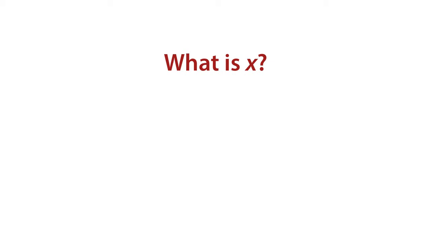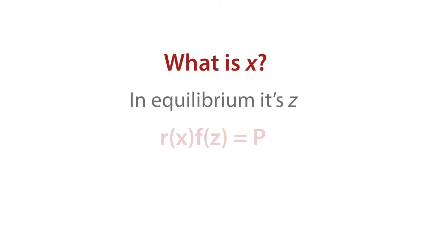Well, it's got to be the case that in equilibrium, the people who are actually buying the product add up to fraction Z. Let's think about the last person buying the product, the person who's just barely willing to buy the product. That would be a person whose reservation price is exactly equal to the price in the market for the product, the thing that we've called P. That means that in an equilibrium, if people guess fraction Z are using the product, and person X is the last person using the product, F of Z times R of X would have to be equal to P.